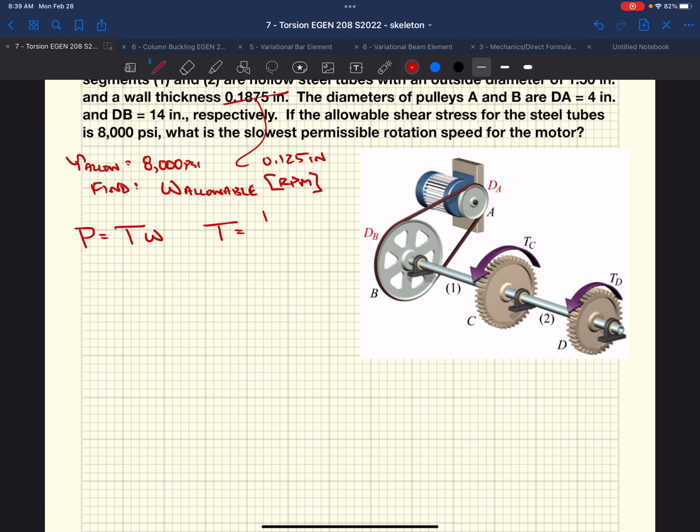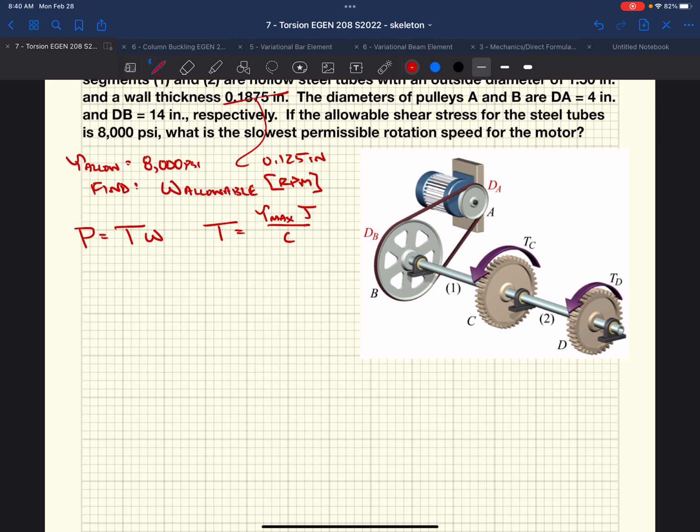That torque, as we know, is related to our maximum shear stress, based on the dimensions of our shafts. So if torque is based on the shear stress, if we limit the shear stress, we're limiting the torque.